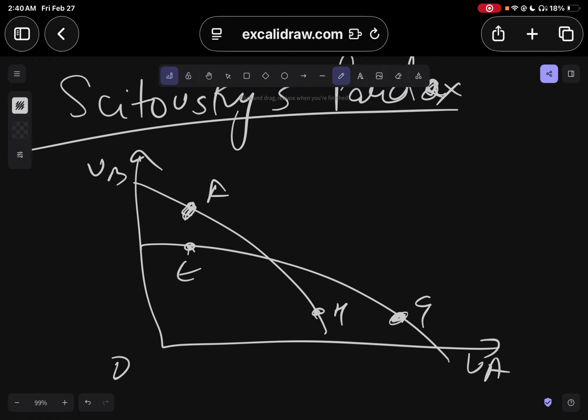So Scitovsky suggested the paradox can be resolved by a double-check criterion, that is, if winners can compensate the losers to change the status quo and losers cannot compensate the winners for not changing the status quo. He showed that can happen only if two GUPFs do not intersect each other. Next, we'll go to Arrow's possibility.